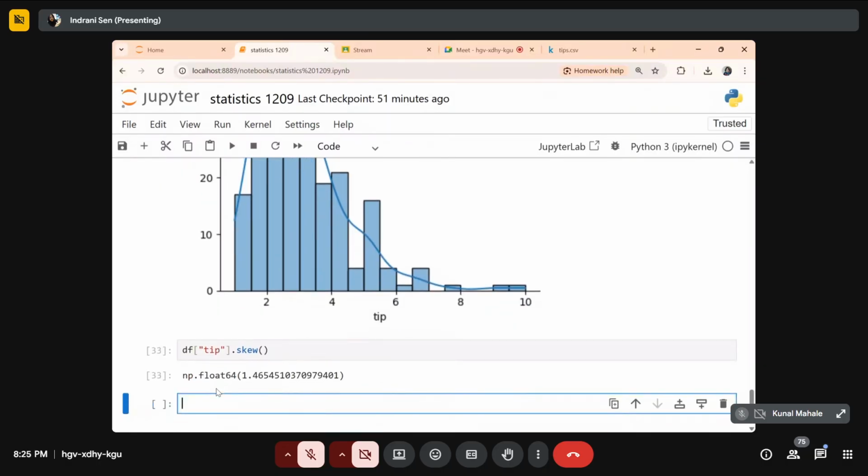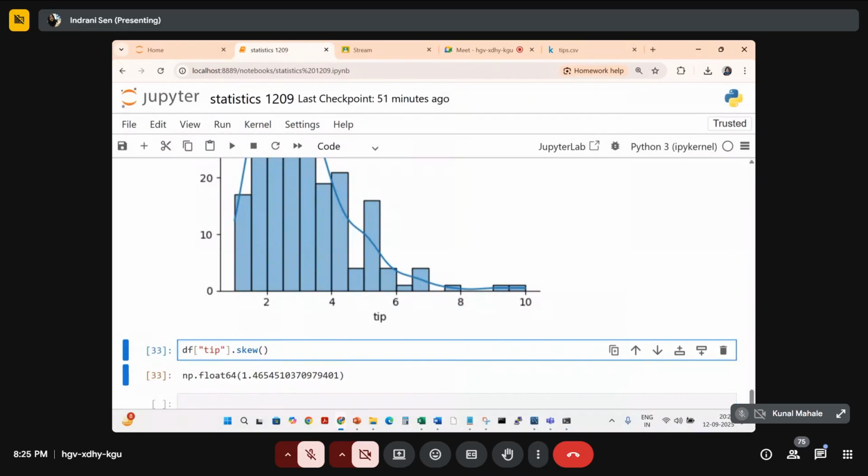So you can see the skewness is beyond 1. I told you if it is beyond 1, it is positively skewed data or right skewed data, and beyond 1 it is also called highly skewed.